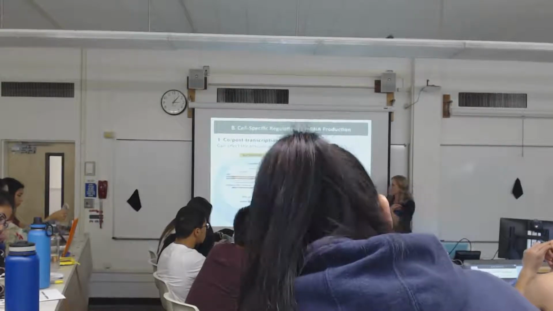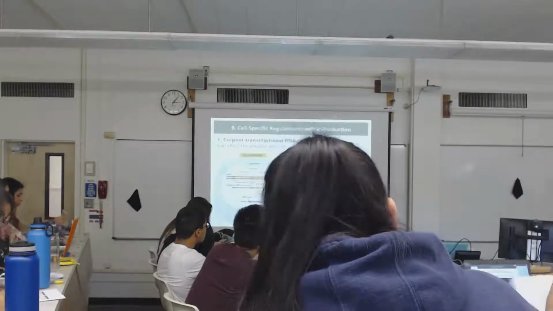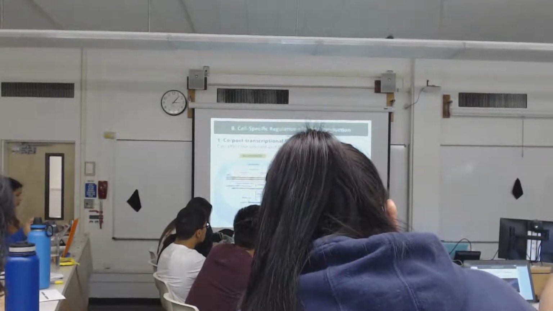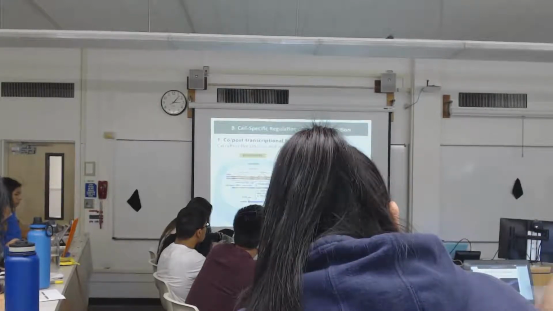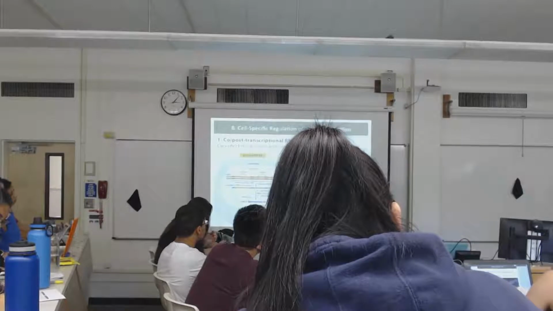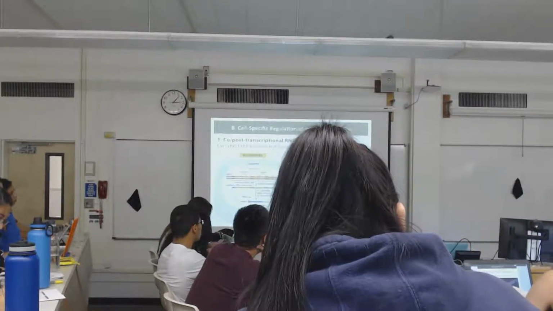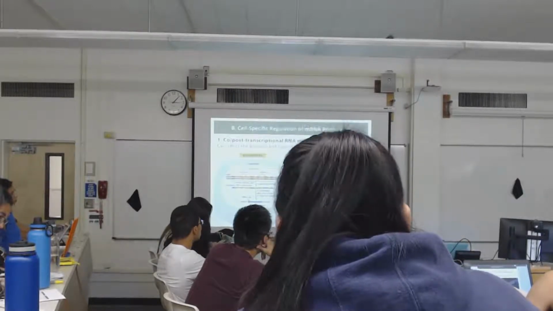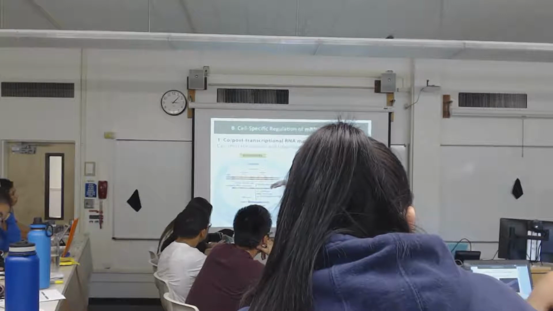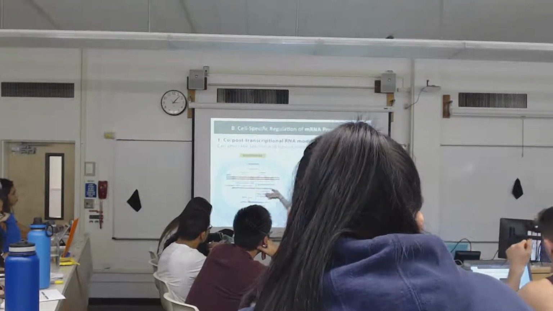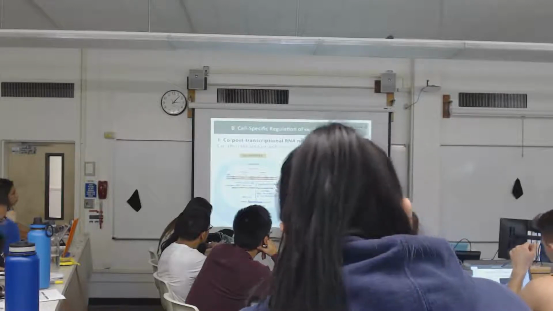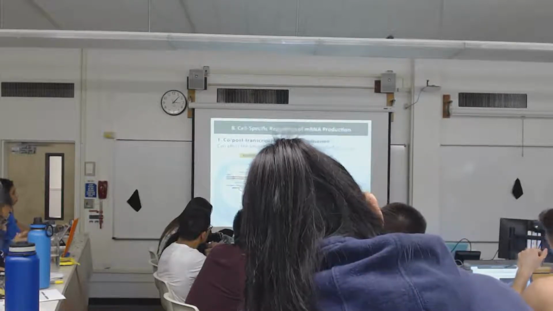In this image, we have our DNA that's being transcribed, and the primary RNA transcript, which has a lot of terms: primary transcript, nuclear RNA, pre-mRNA. It basically means the unspliced version of the RNA, the version that still has all its introns.